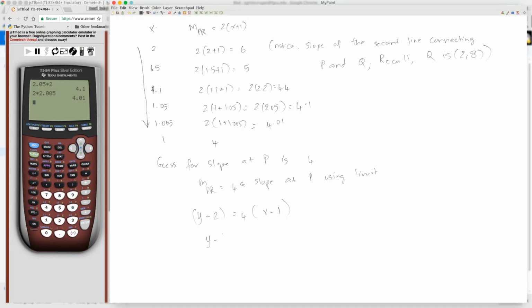So y minus 2 would be 4x minus 4, y would be 4x minus 4 plus 2, so y would be equal to 4x minus 2. That is the equation of the tangent line at P.